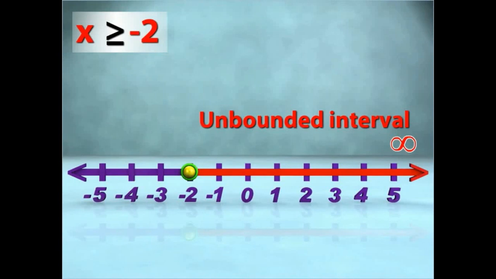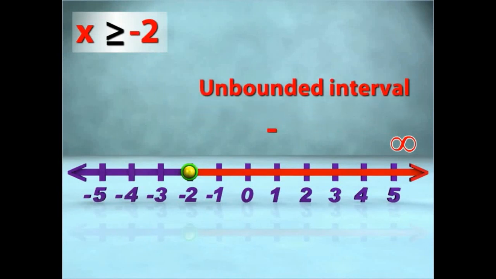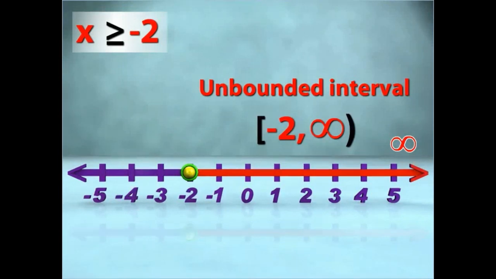You can represent this interval by writing -2, positive infinity enclosed within a square bracket on the left and a parenthesis on the right. The positive infinity symbol denotes that the interval is unbounded above. If the same unbounded interval does not include -2, then the interval notation changes. It has a parenthesis at both ends.